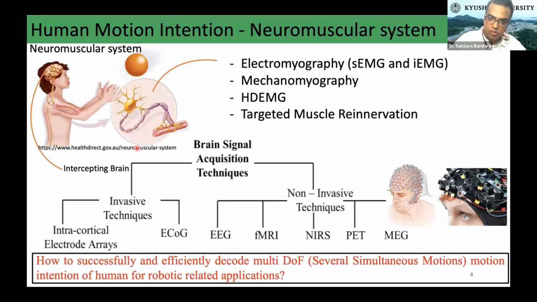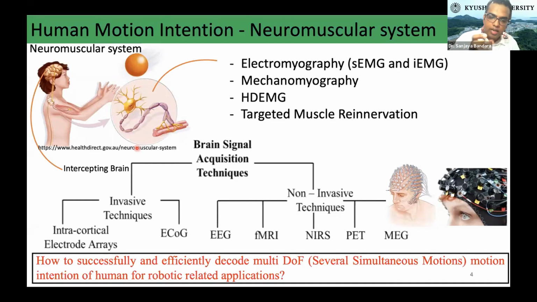This is generated in the brain at the motor cortex. The motor cortex will transfer these motor signals to the upper motor neurons, to the central nervous system, and then through the lower motor neurons to the muscles.